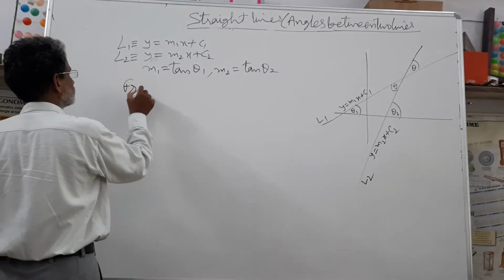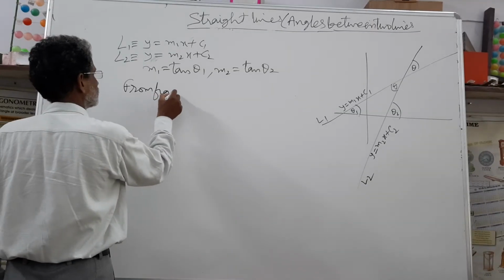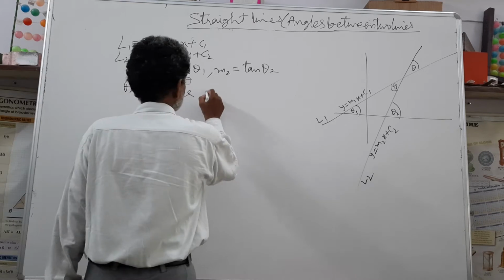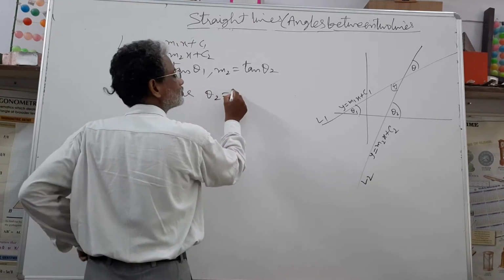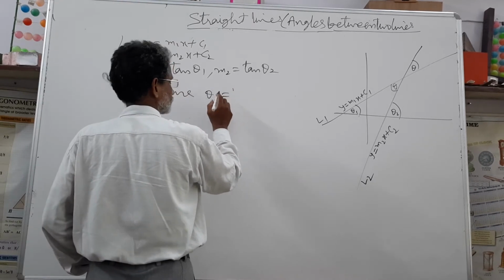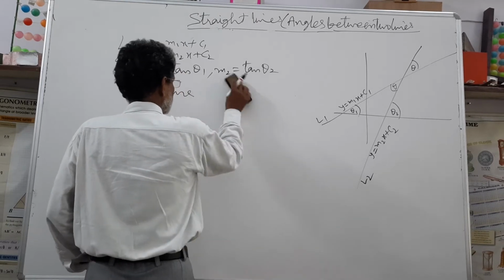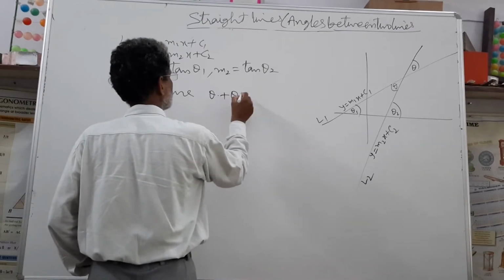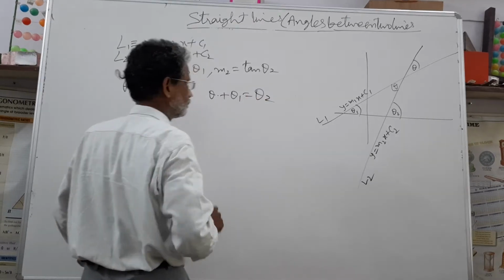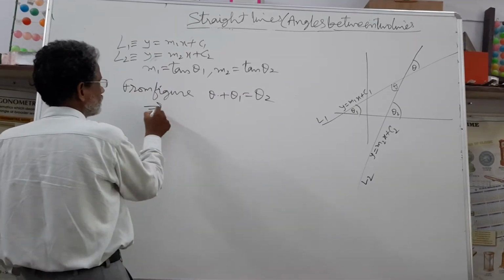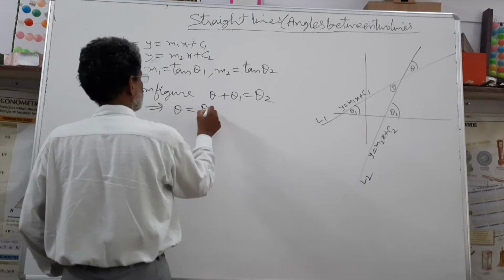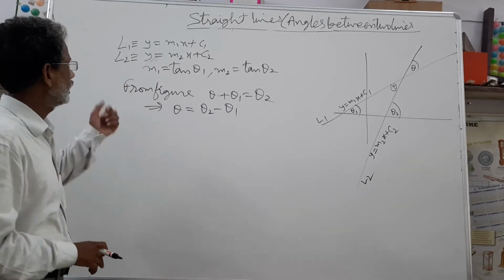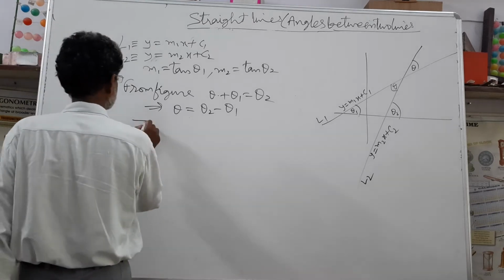From the figure, theta plus theta 1 is equal to theta 2. This implies theta is equal to theta 2 minus theta 1. Apply tangent on both sides.